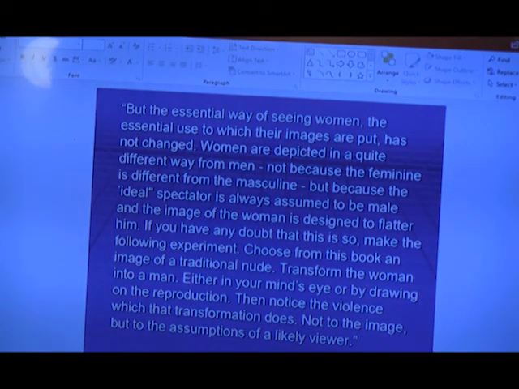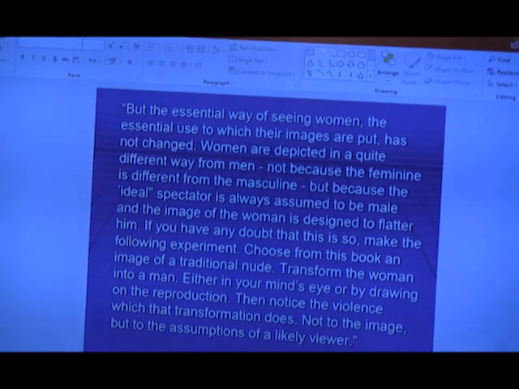Women are depicted in a quite different way from men. Not because the feminine is different from the masculine, but because the ideal spectator is always assumed to be male. There is an assumption in our culture. Think about it. Watch television. Watch movies, even new movies. Watch old movies.